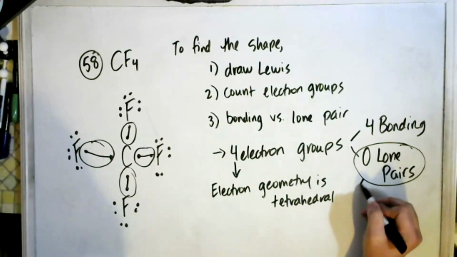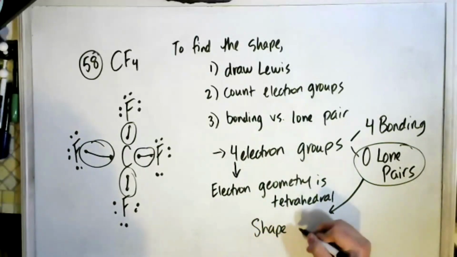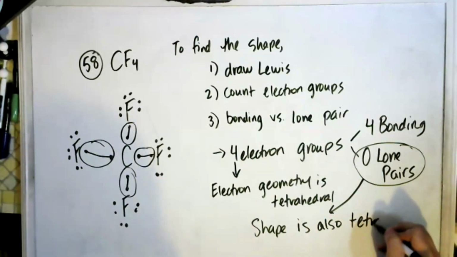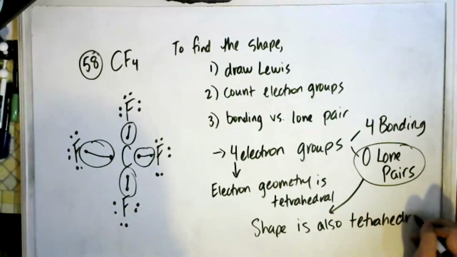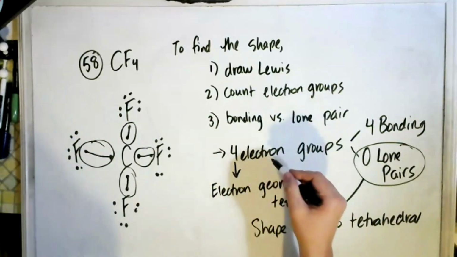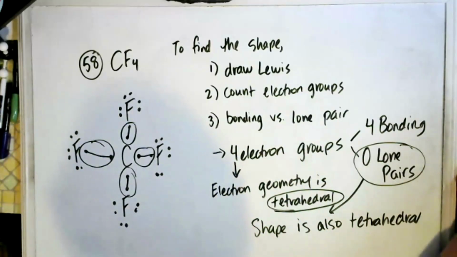And with 0 lone pairs, our shape is also tetrahedral. If we had more lone pairs scattered in, then our shape would have changed to something else. But when we have 4 electron groups, that electron geometry is always tetrahedral.